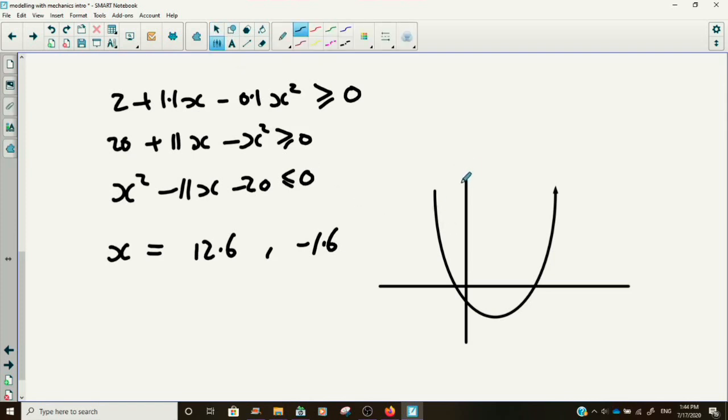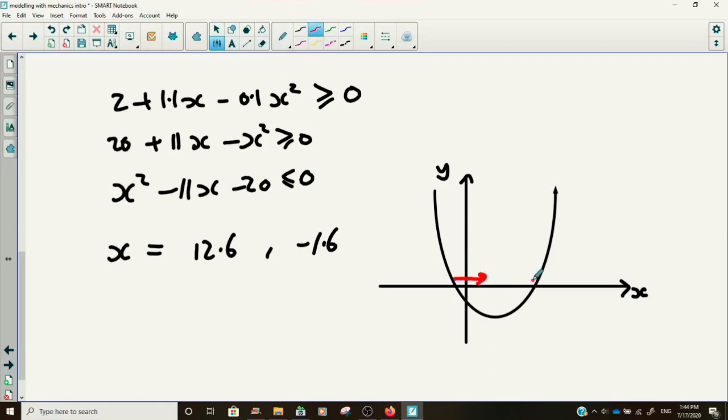What I've done here, I've just drawn that quadratic inequality. Now, we want all values of x where the y value, which is this bit here, is less than or equal to 0. So all the values of x on this part of the curve, that's where the height is less than or equal to 0. Okay, so let's just mark that off.